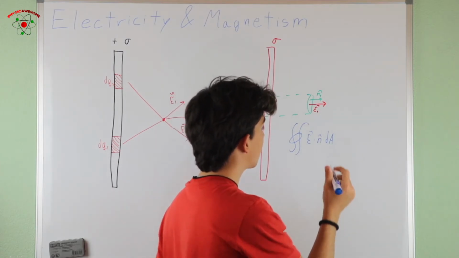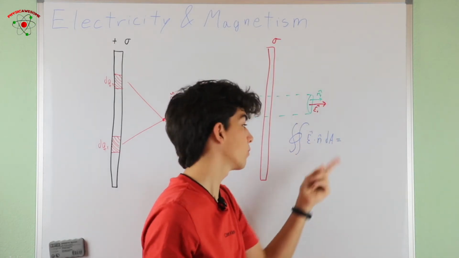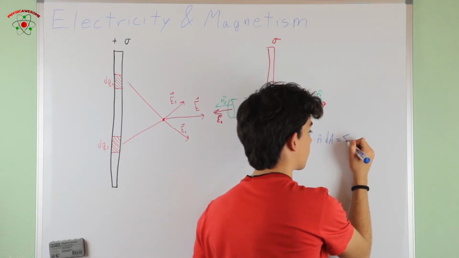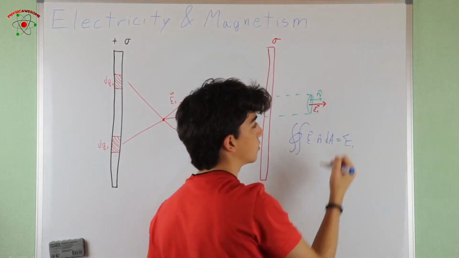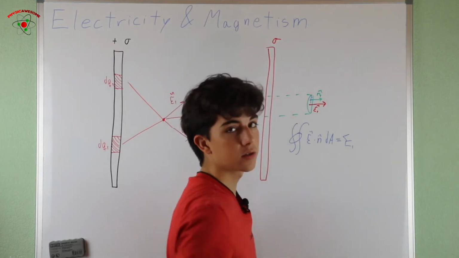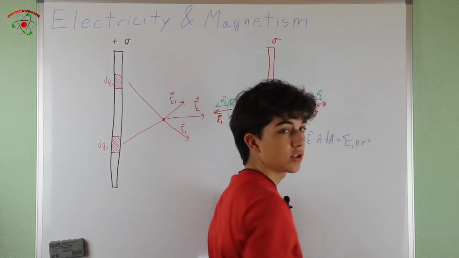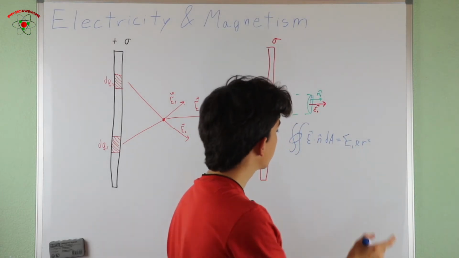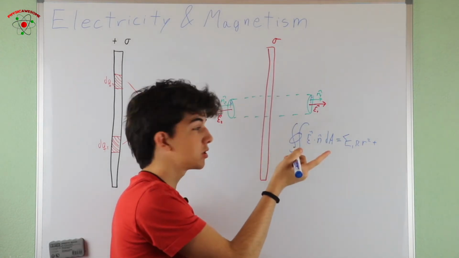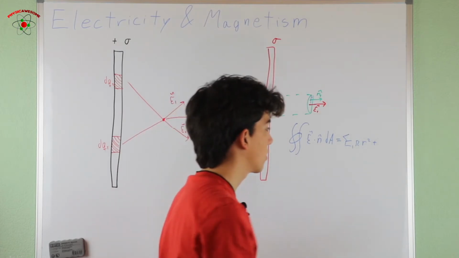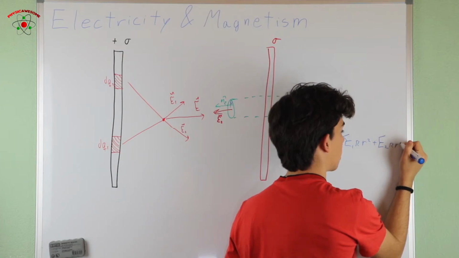Therefore, this is equal to the flux over here, which is E1 times n hat 1, and the area, which if we define this to be R on both sides, a constant cylinder, we're going to have E1 times pi R squared plus E2 times n hat 2, it's going to be positive once again, and once again the area. So it's E2 times pi R squared.